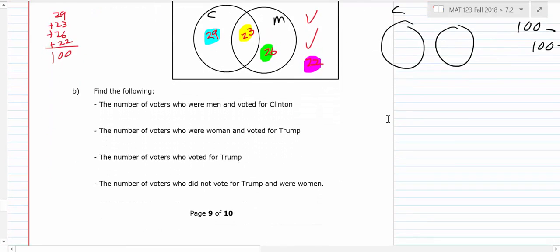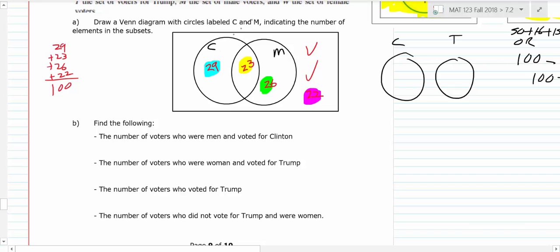Once you get that put together, we can go through and answer questions about this. This says the number of voters who were both men and at the same time voted for Clinton. That means you have a set intersection. You're looking at the number of people who were men and at the same time voted for Clinton.